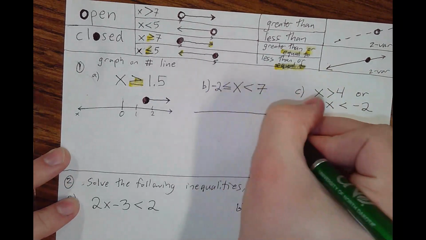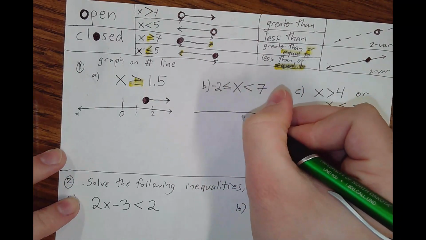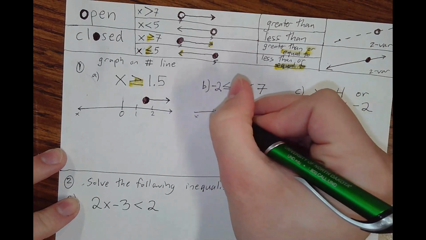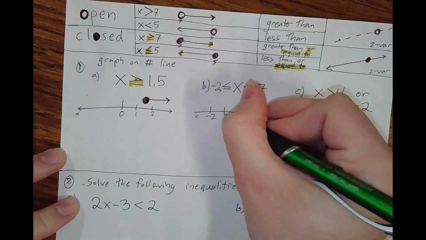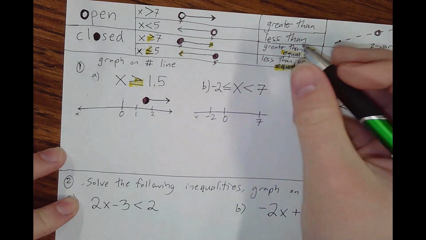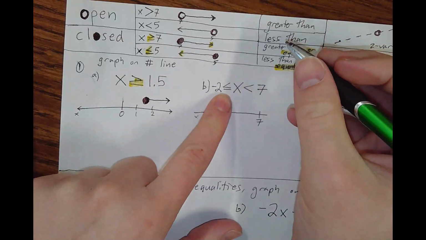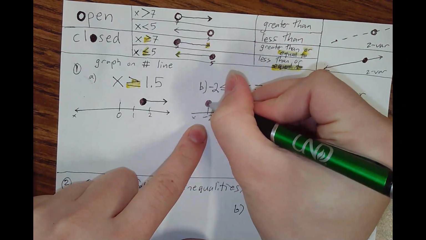The second one is going to have 2 numbers. So let's find the number -2. Write 0, write 7, just in general where those numbers would be. For the -2, it could be equal to -2, so I'm going to write the closed dot.